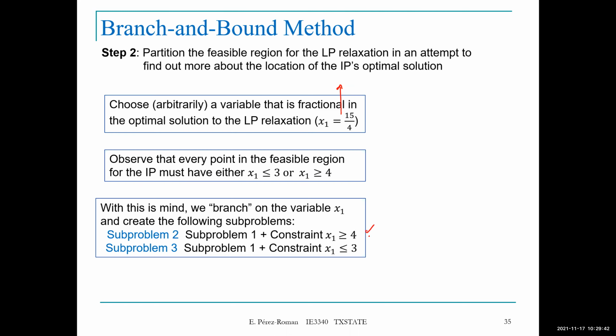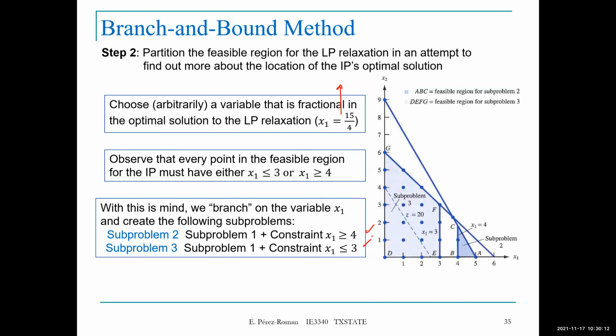So this is what we call branching. We're going to take one of the decision variables and find the closest integer values to that decision variable, and add constraints associated with those values. In this case, 3 and 4, because 15/4 is between 3 and 4. I'm going to add those two constraints to my problem and see if I can obtain a solution that is integer.